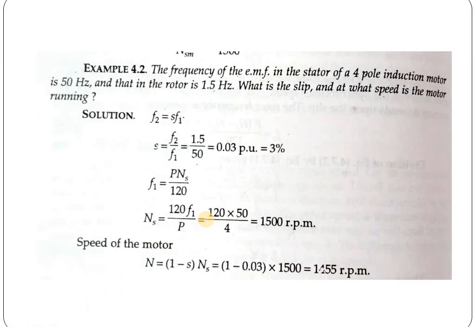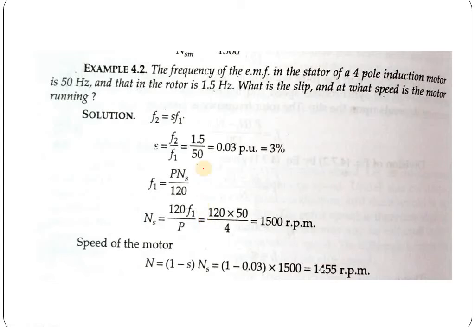Now, we will do some numerical problems based on this relationship of slip and frequency. The frequency of the EMF in the stator of a 4-pole induction motor is 50 Hz and that in the rotor is 1.5 Hz. What is the slip and at what speed is the motor running?